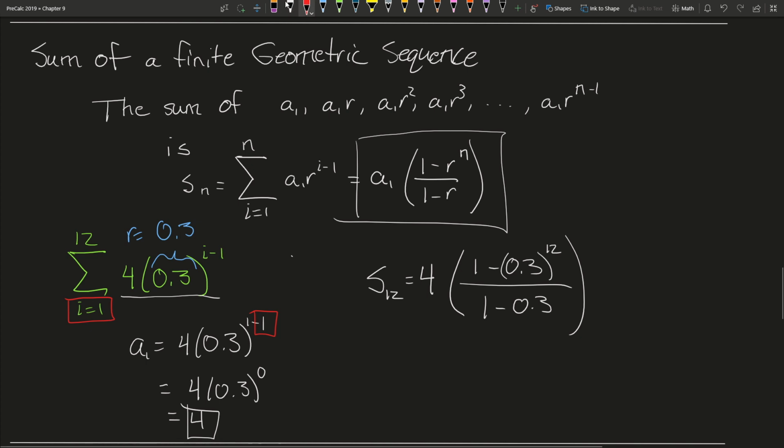Again, this number right here isn't necessarily the top of the index. It is the number of terms you're summing together. So again, everything could change when that lower limit is a different number.